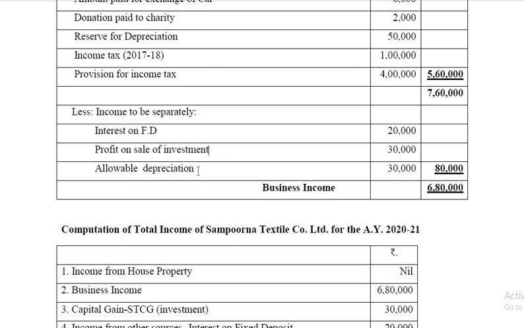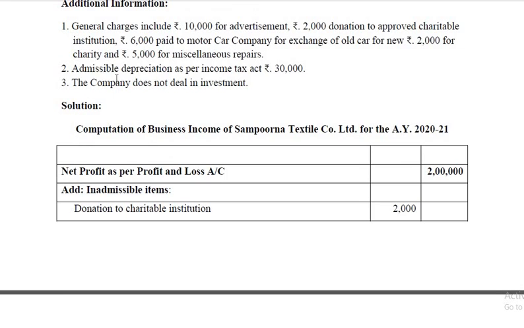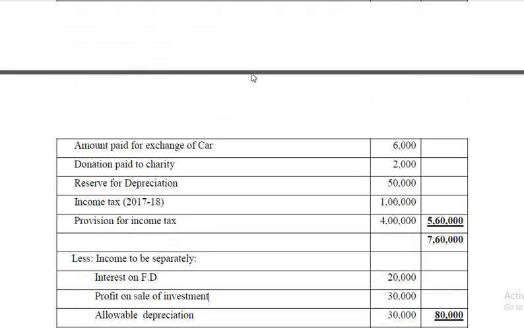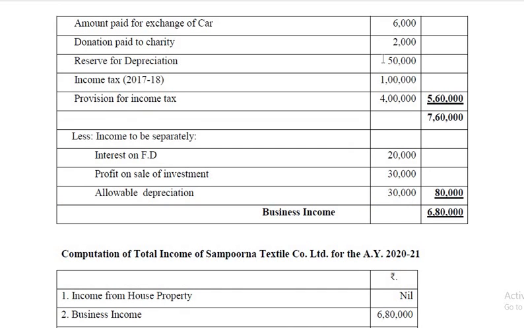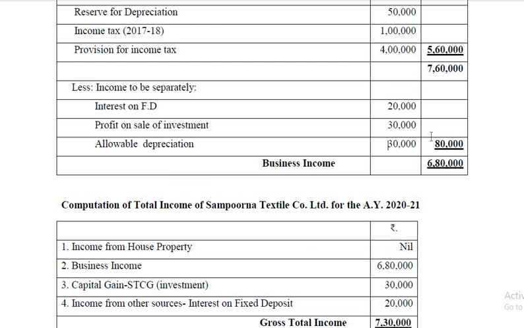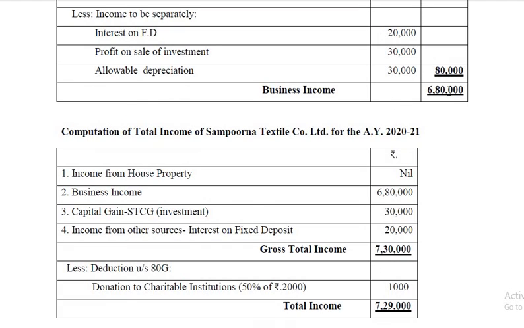And allowable depreciation, which they have given in the form of the second adjustment, is to be deducted because 50,000 is added back and 30,000 is allowed under section 32 of the Income Tax Act. So what is allowed, you deduct. Total deductions are 80,000. As a result, business income is 6,80,000. So computation of business income is over.